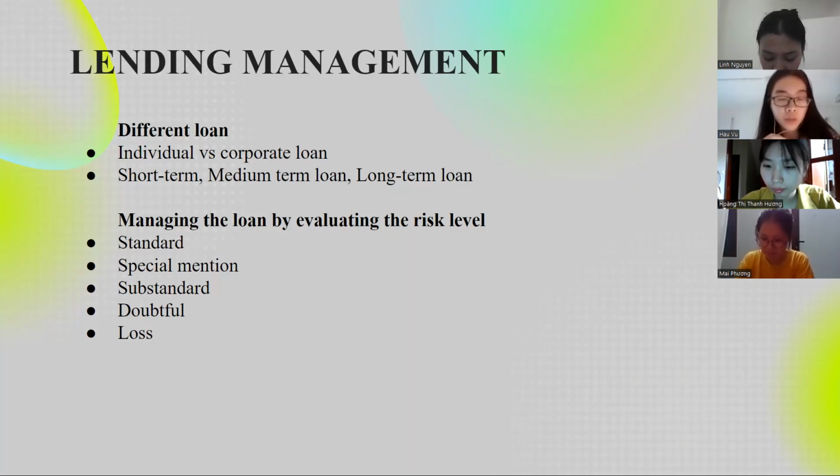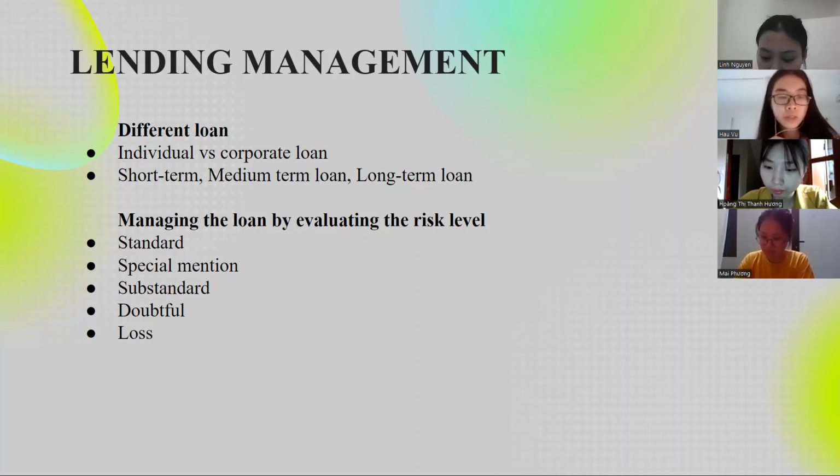For the special mention loan, the payment of interest or principal is paid fully, but it is a sign of delayed payment. For the substandard loan, the interest and the principal are not fully recovered when due. For a doubtful loan, the debt has a high probability of default. And for a loan considered as loss, the debt is considered bad debt and unlikely to recover.